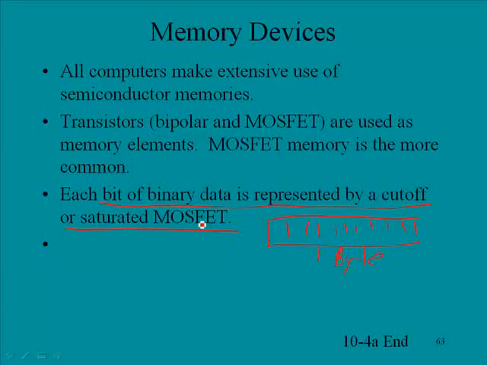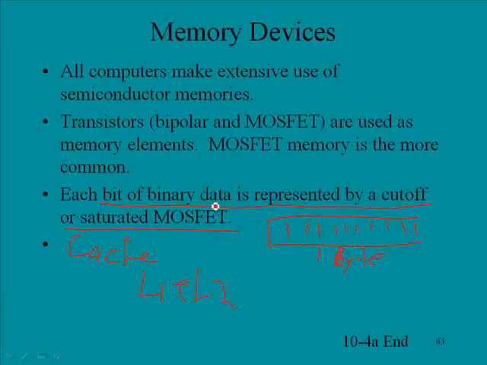Also, memory devices use bipolar and MOSFET. When you look on a computer and you see the cache, the L1 and L2 are built out of this type of device, and this is usually built right into the microprocessor. So you'll see this in memory in your PC.